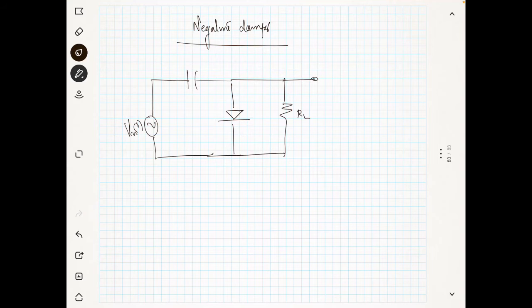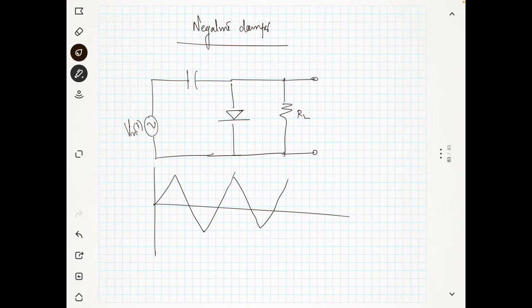I hope this is clear to you. Now we will have an input, something like a triangular wave. You can have any kind of input, triangular wave or sine wave. Let's say this is 10 volt and this is minus 10 volt. This is your V in of T.